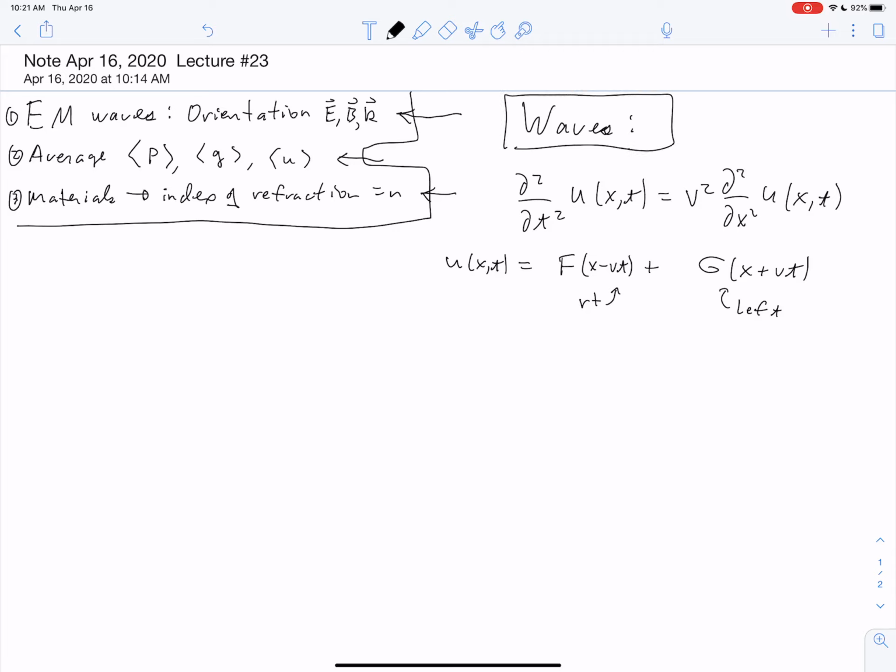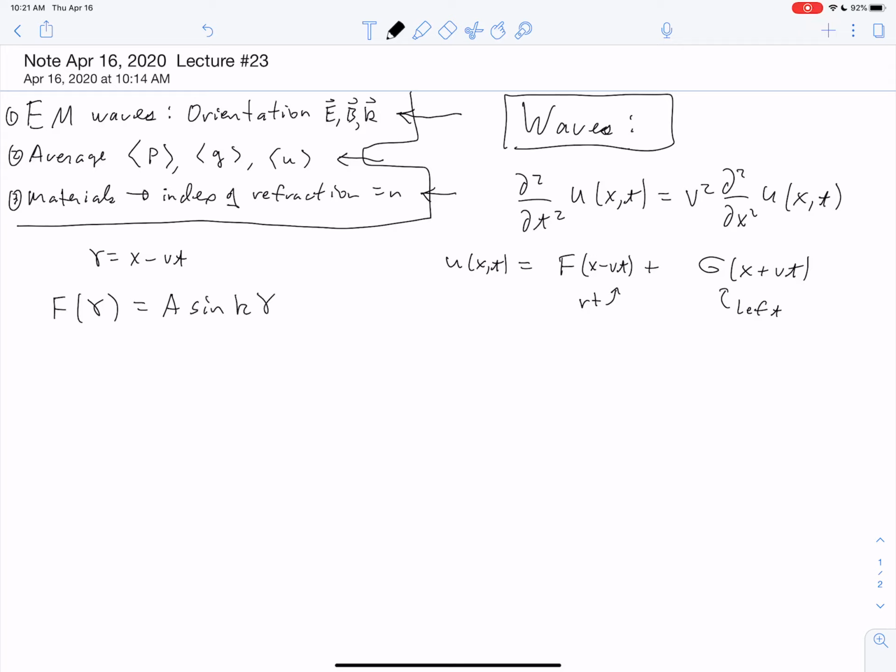And really our favorite function, or the most physically relevant function, would be this one. If I let gamma equal x minus vt, then f of gamma would be a sine k gamma.